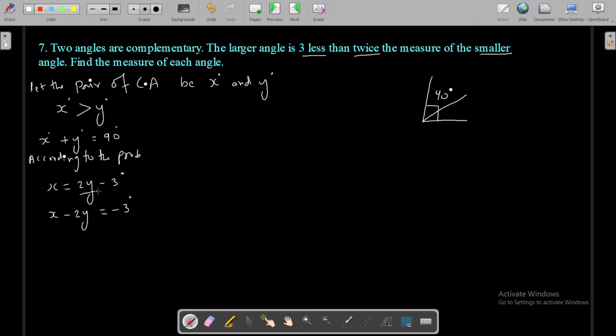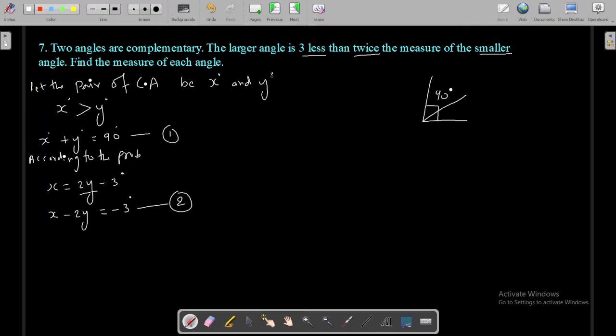Simply I have brought this 2y this side, so that it is becoming x minus 2y is equal to minus 3 degrees. So now, this will be our first equation and this will be our second equation. So here we got the two equations. Now we have to simplify the two equations.